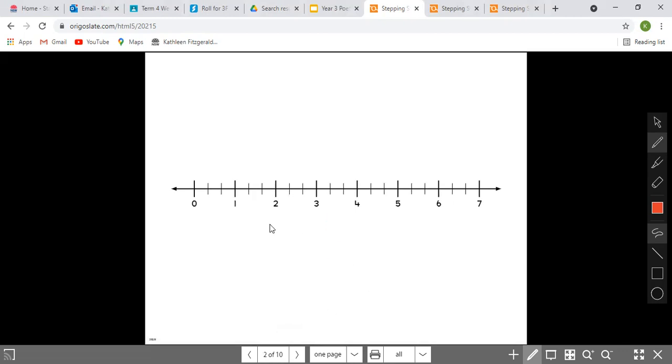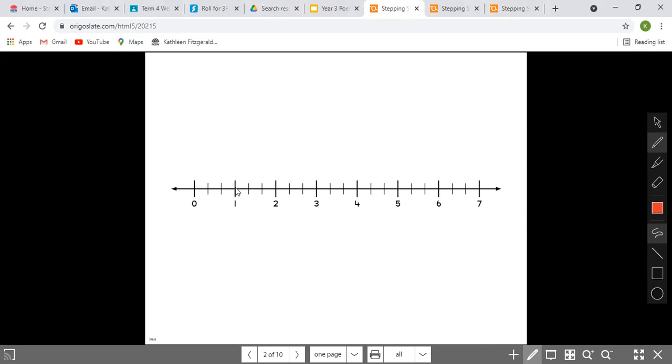Okay, here we've got numbers from 0 to 7, and we need to find out what each of these markers mean. So it's been broken down into 3 parts. So each marker will be 1/3. So we're counting thirds. So the first marker will be 1/3, 2/3, 3/3. Now we're at 3/3, so that is the same as 1 whole.